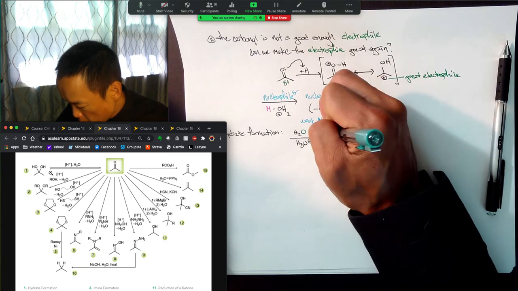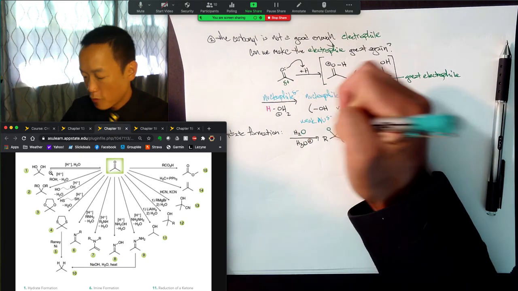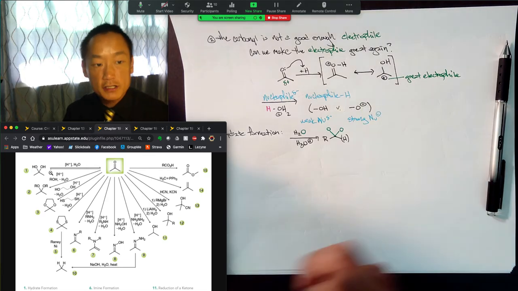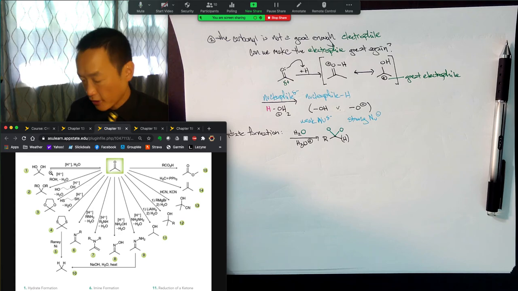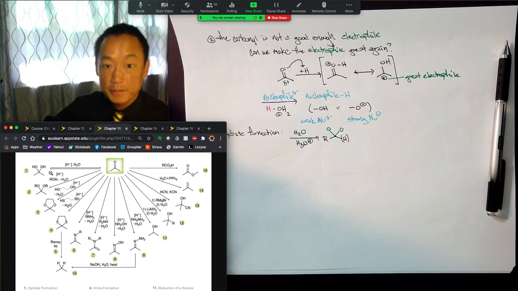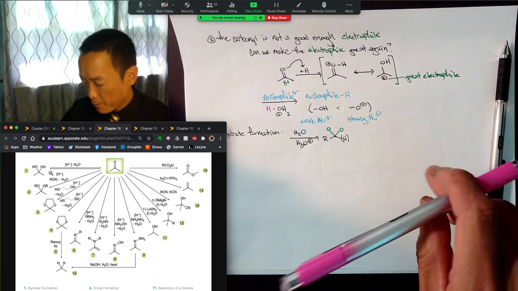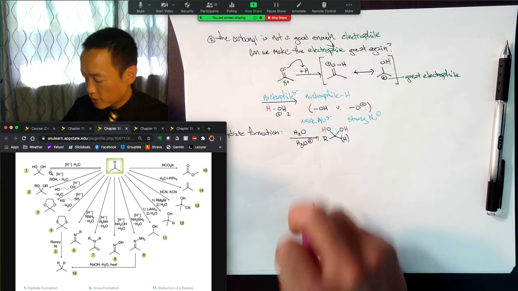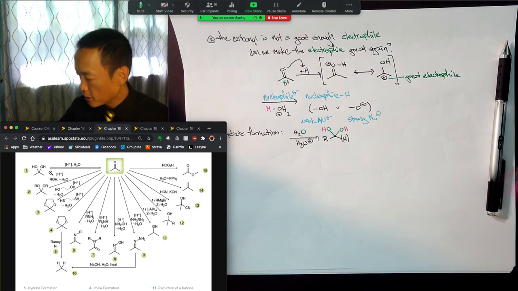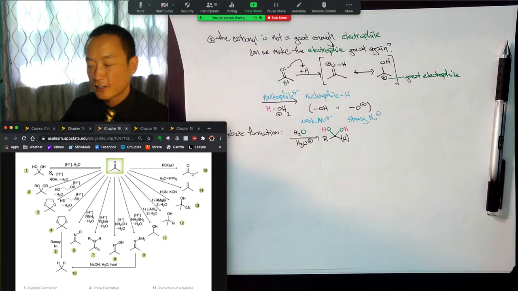O. It wasn't the oxygen of the carbonyl that's still there. Interesting. And then I certainly would expect to see from my proton source, OH. Interesting.